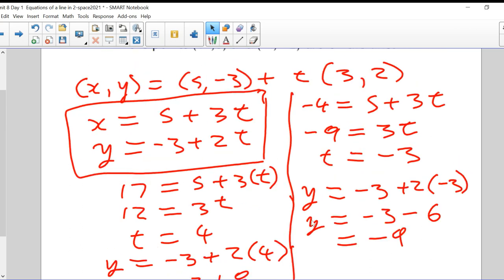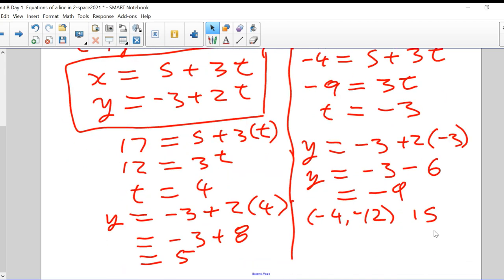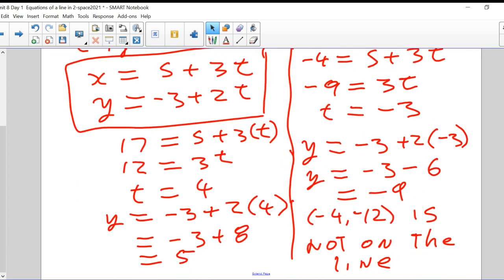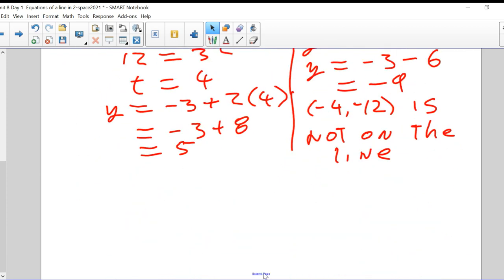Let me write that down. (-4, 12) is not on the line, whereas the first one, which was (17, 5), is on the line defined by that vector equation.